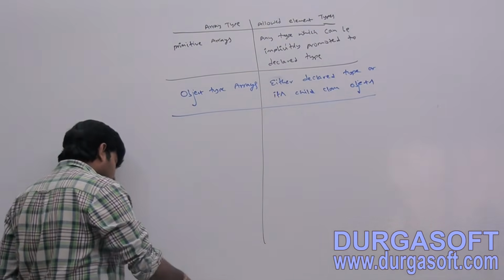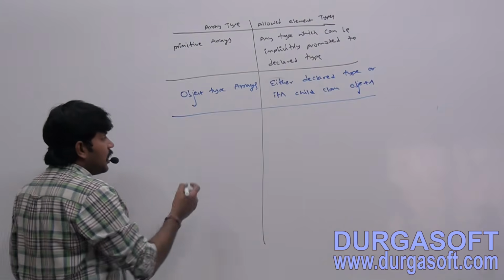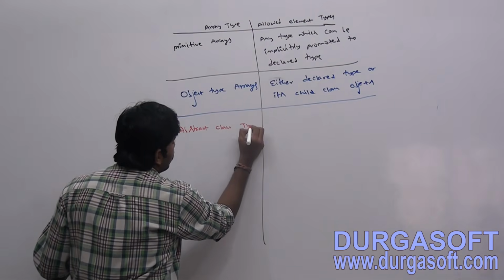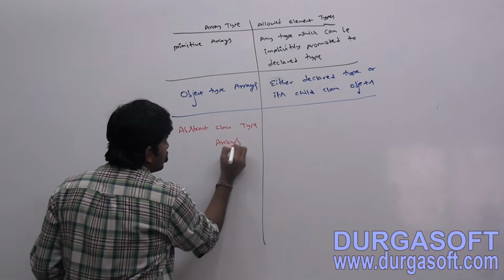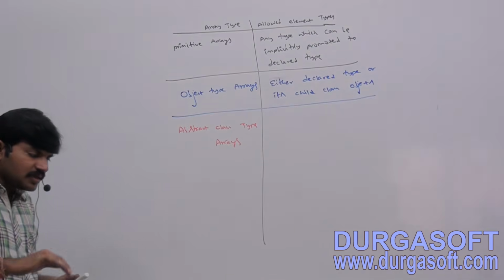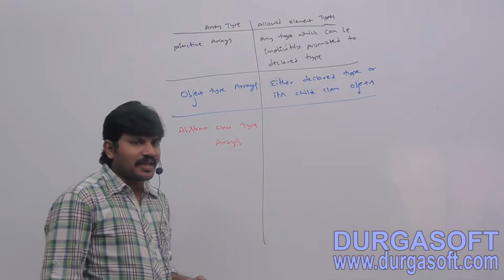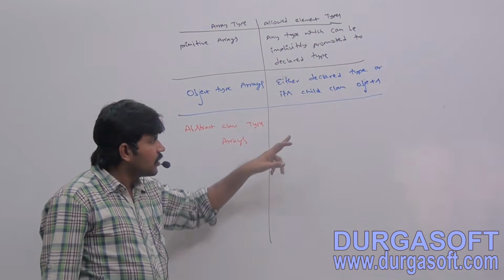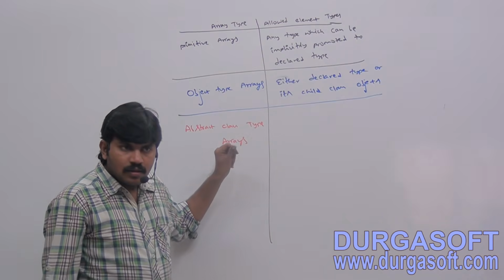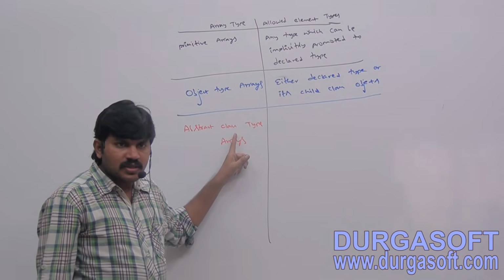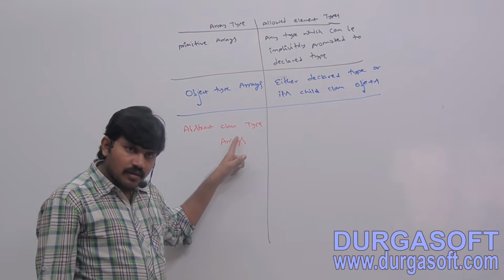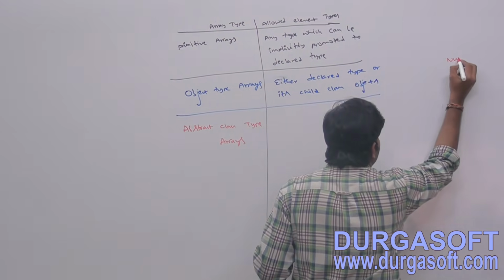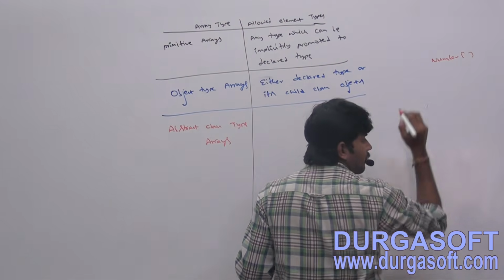Next, third one: abstract class type arrays. For an abstract class type array, which thing is allowed? Did we cover this case? Yes, we covered it. What was that example? Number.